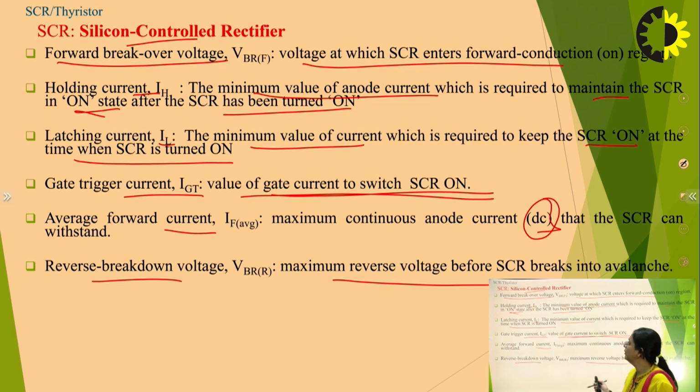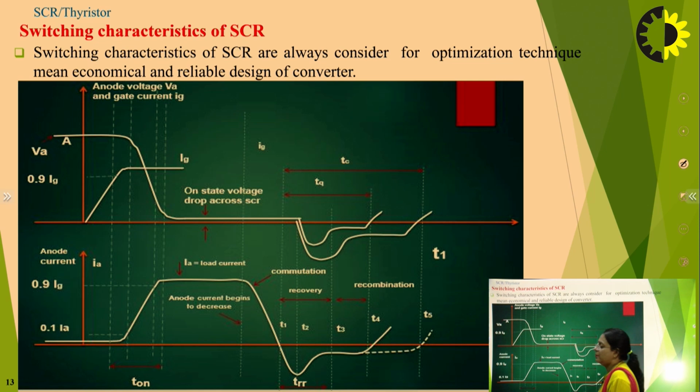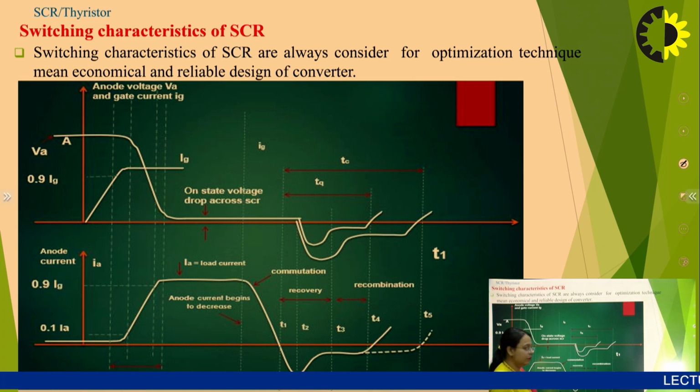Now coming to the switching characteristics of the SCR. Basically, the switching characteristics of the SCR represent the turn on and turn off states of the SCR. Okay.